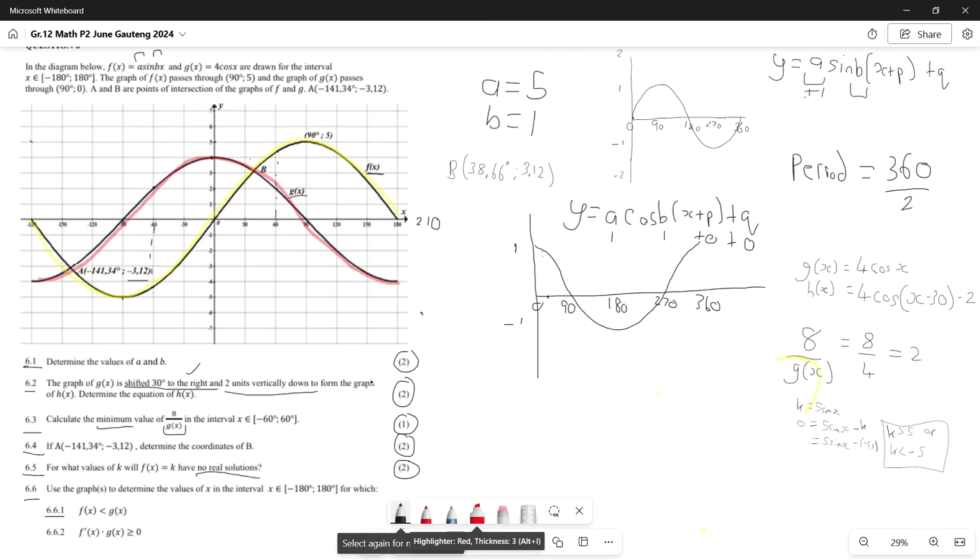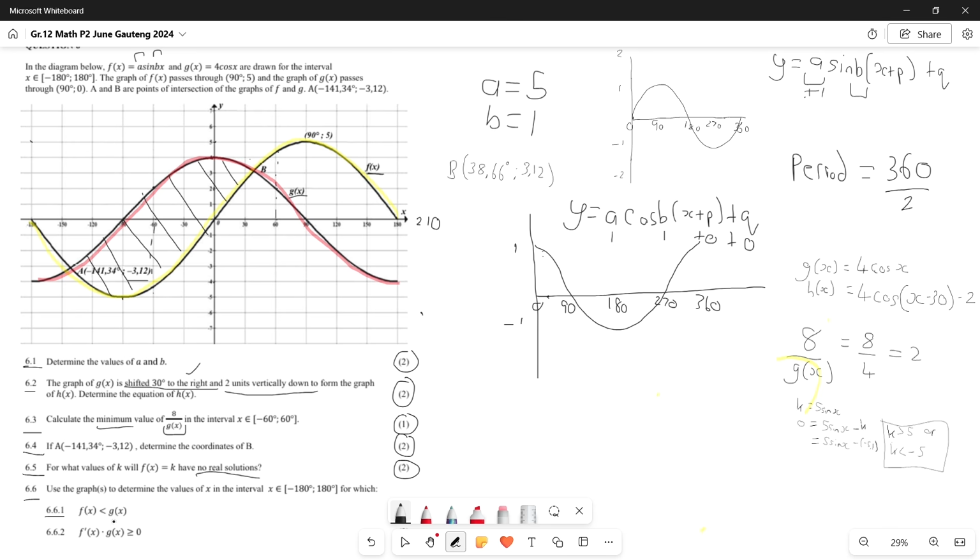And what we need to look at is whether f of x is less than g of x in terms of y, which means that we need to see where the yellow line is below the red line. And it is below the red line in this whole interval from here to here, because over here the yellow line is above the red line, the g of x, and over here the yellow line is above the red line.